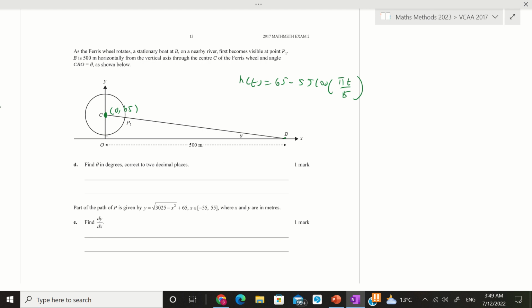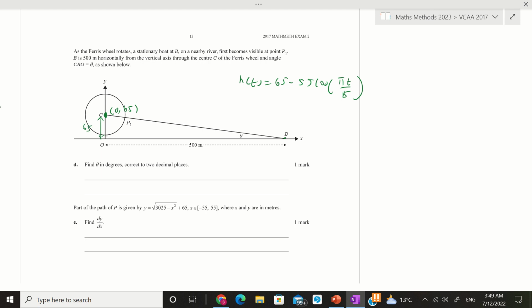And given that, we can actually just use the tan inverse function in order to solve this problem. Because we know that point B is described as a stationary boat, and when we get to this point P1, that's when it's first visible, right? So we can actually just find this angle here by considering the height. Height of this is 65, obviously.